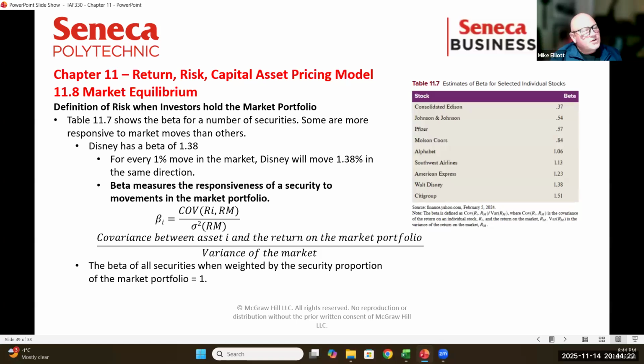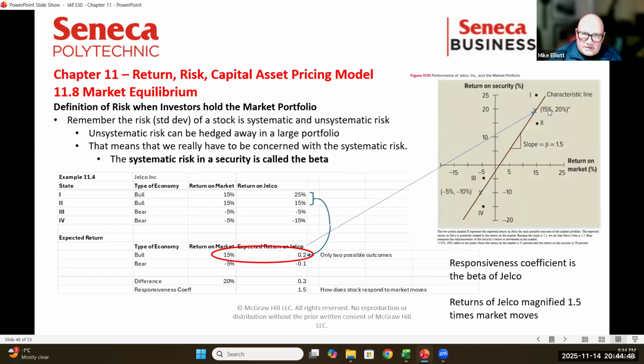When we hold this magical market portfolio, and we have stocks inside the portfolio, some stocks are going to move more than others. For example, a selection of stocks inside the S&P 500. The estimates of beta for these stocks, remember, this is the beta here, the slope of this line.